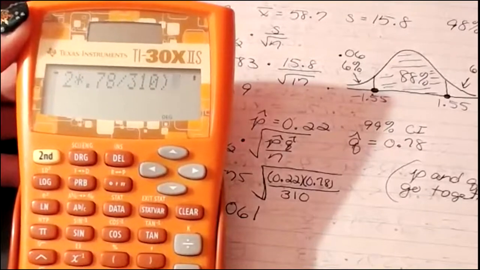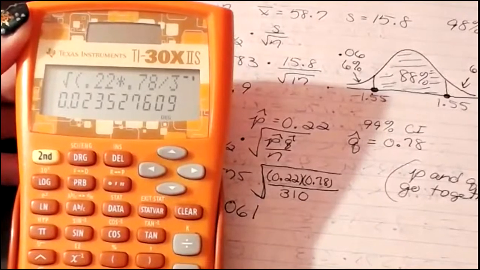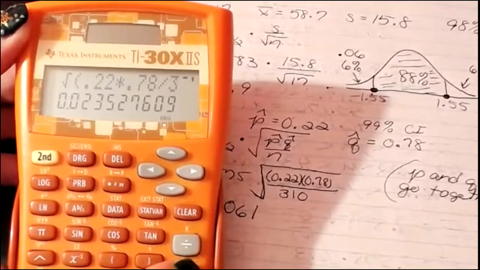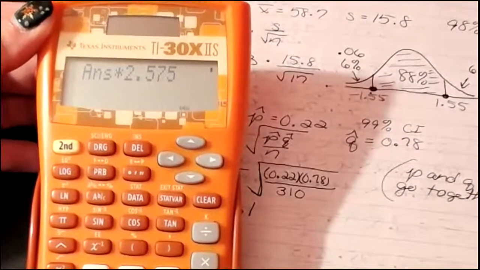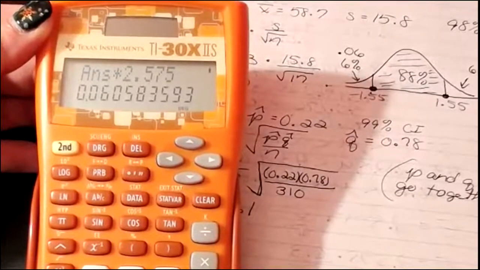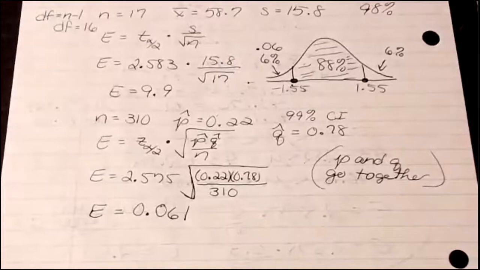Close it, and then press enter. So that's the square root part. And now multiply that by 2.575. No, I got it. I was getting it wrong. That's okay. That's why I want to make sure we do it together.